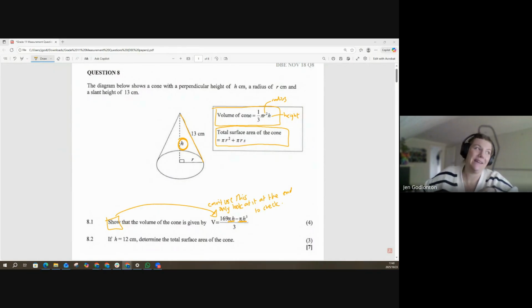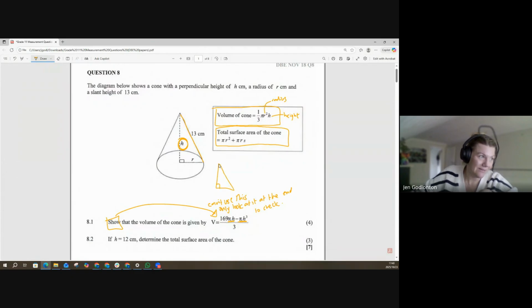A helping hand on the board. Take my little helping hand that I drew just now. That's my helping hand.